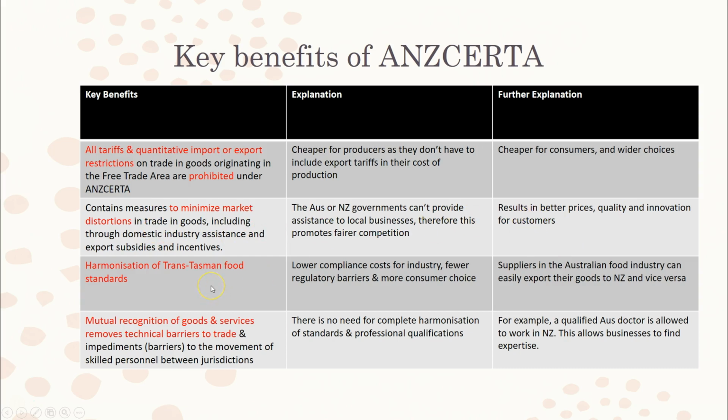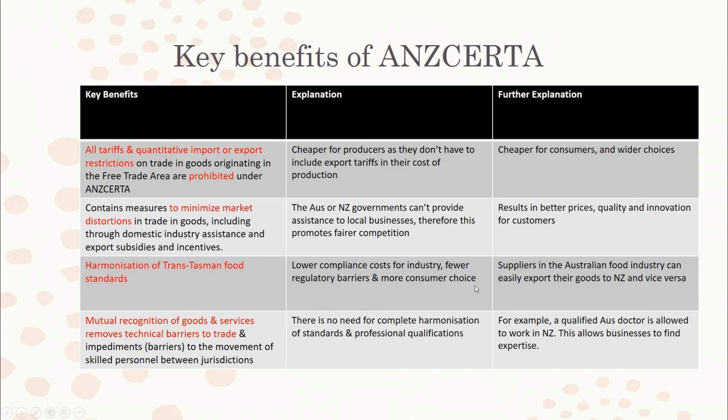Okay, now the third point is harmonization of trans-Tasman food standards. So this is good because it means that suppliers in the Australian food industry, you can see here, can easily export their goods to New Zealand and vice versa. Because their food standards are recognized by each other, there are lower compliance costs for industry, fewer regulatory barriers, and more consumer choice.